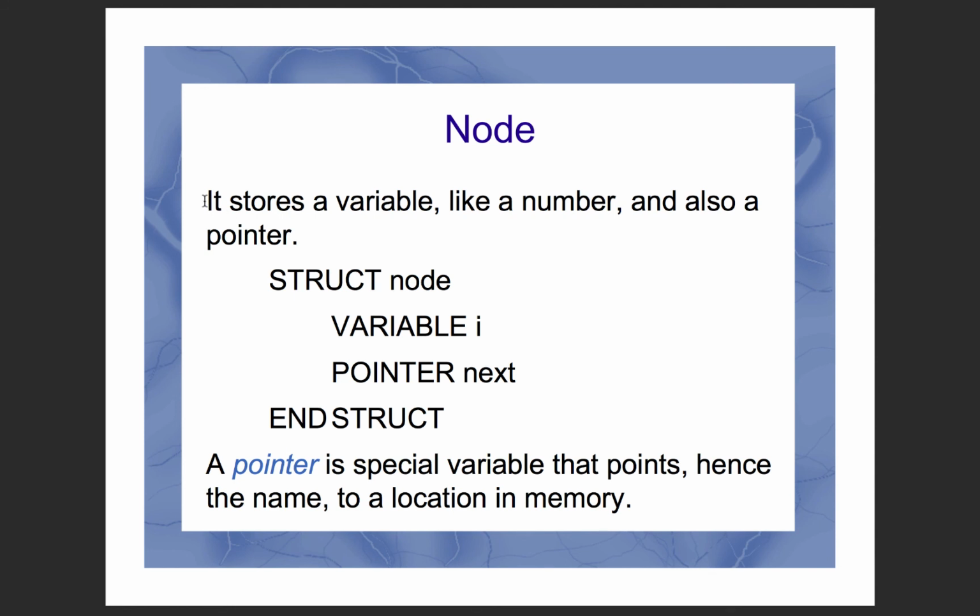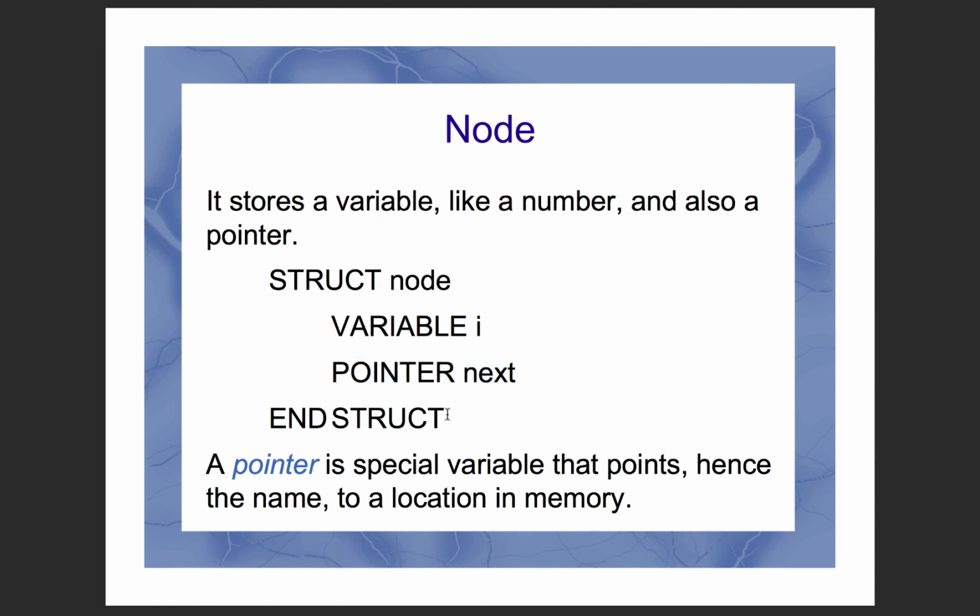Another one is the node. Node is similar to the structure. The difference is that it has one variable that is a pointer. What is a pointer? A pointer basically contains the address of another variable. So a pointer type variable doesn't contain specific data. I mean, it basically contains the address of other variables.